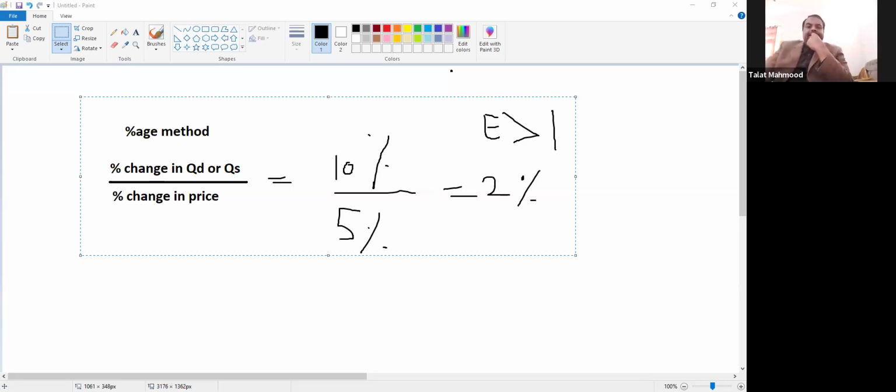It has some advantages and some disadvantages. Everything in economics has advantages and disadvantages, but we have to analyze whether its benefits are greater than its demerits or losses, then we accept it. If its benefits are lower and its costs are higher, then we reject it.